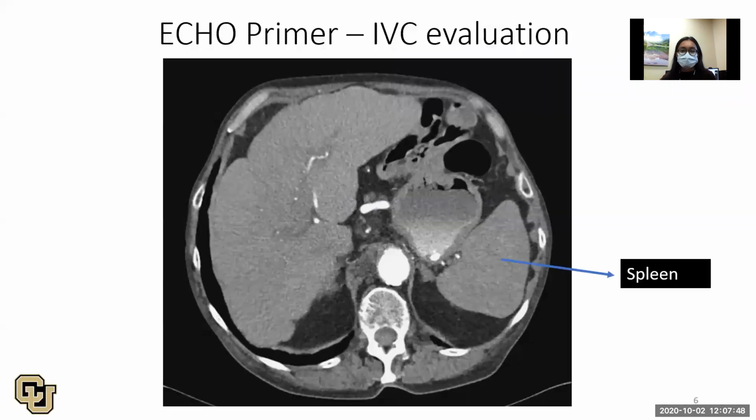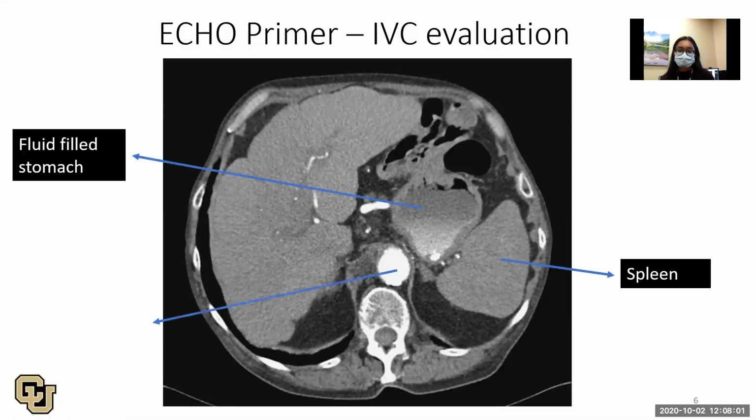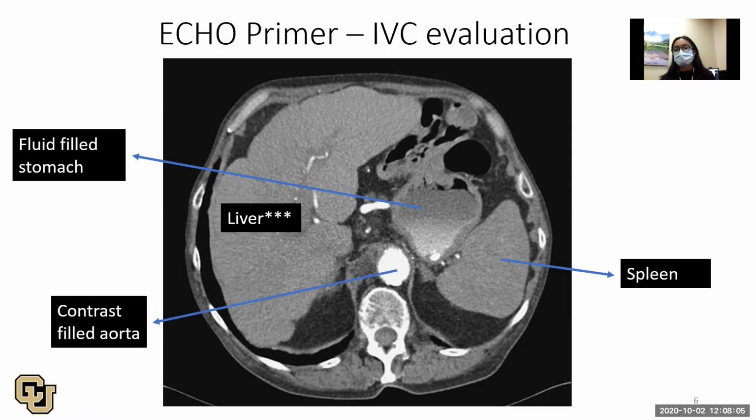And so in this image, the rest of the organs are the spleen here. And you're right, usually it is supposed to be more of a crescent-shaped organ, so in this patient it may be enlarged. Here's the fluid-filled stomach. Here's the contrast-filled aorta. And then the liver, which is abnormal. The surface of the liver on a CT scan should be really very uniform, and so these notches are abnormal, and so this person has a nodular liver.